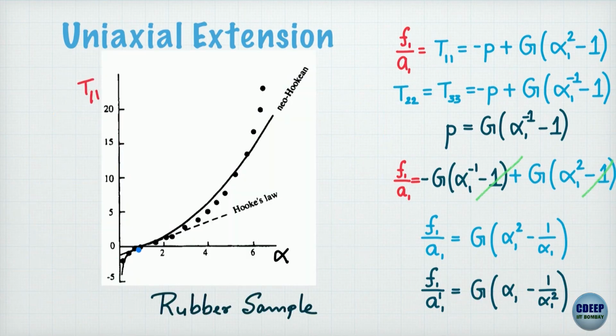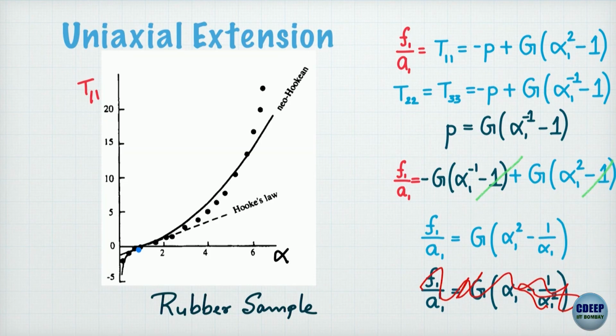So we go back, and the neo-Hookean line is actually this expression that we have derived. And you can see that more or less up to alpha of about 5.5 to 6, it does a pretty good job of fitting the experimental data.